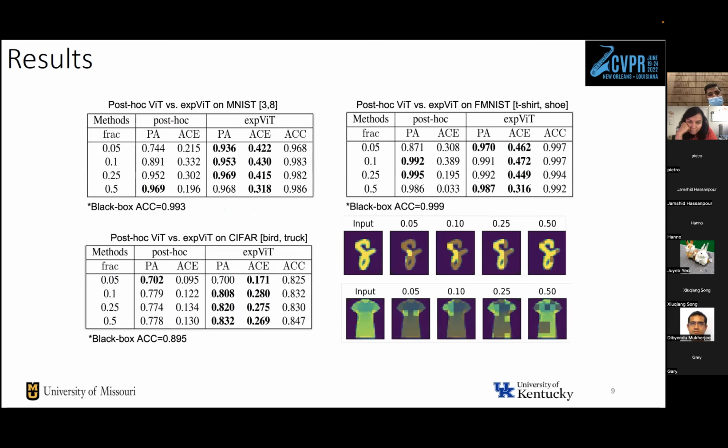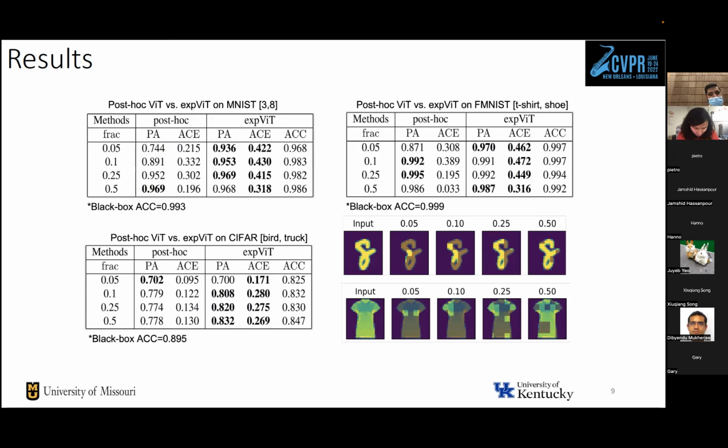And we follow the experimentation of the paper that I talked about earlier, and experiment on a subset of 3 datasets and compare the post-hoc explainer's performance versus the performance of our explainable ViT. For post-hoc explanation, we use an identical vision transformer for both the black box model and the selector model. The only difference is in the final layer MLP, of course, because for the black box, since it's a binary classification, we would have only 2 neurons.